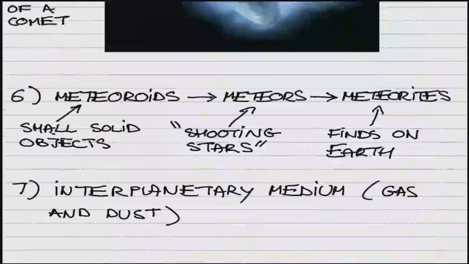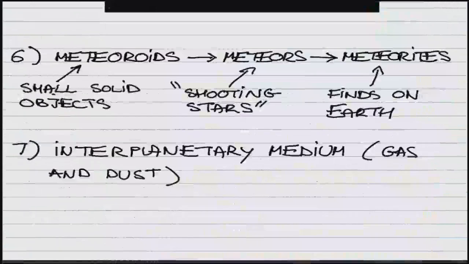And finally, we have the interplanetary medium, gas and dust. Just like we have gas and dust throughout the universe, right? We have it in our own galaxy. We have it in the space between the galaxies.